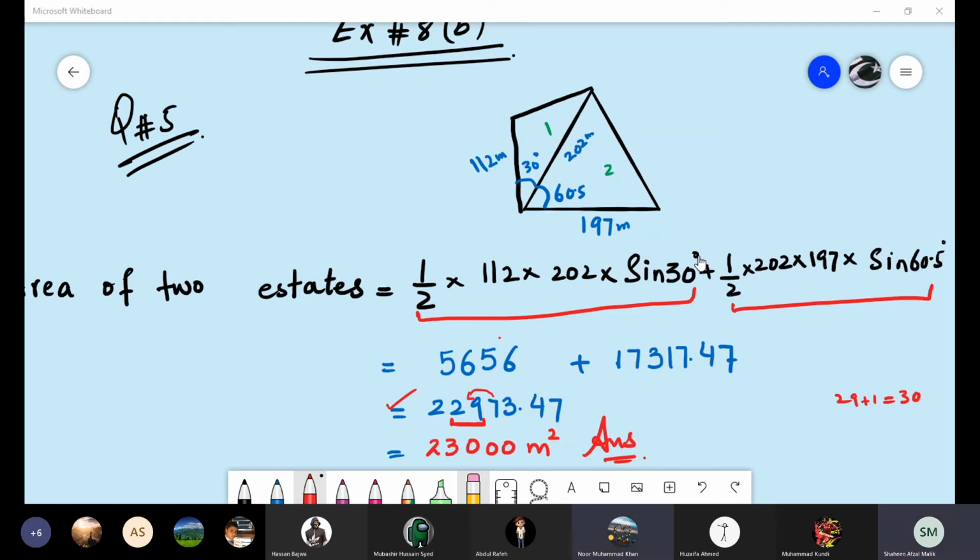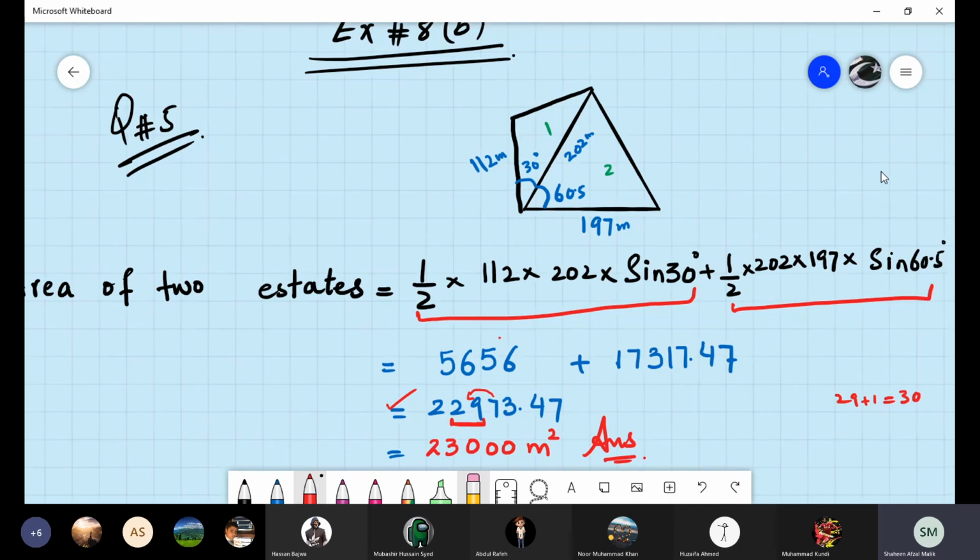Everyone has done? Yes, ma'am. Just remember the key point for this one: the condition when you have to apply the sine rule. The sine rule is applicable only for the not right angle triangle. This is a very important point regarding the sine rule.